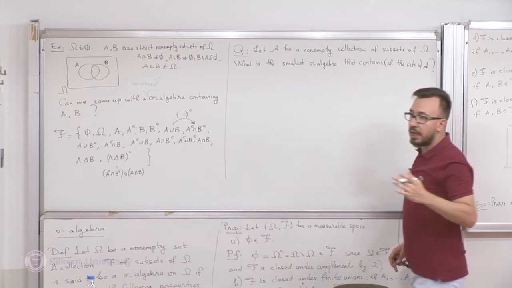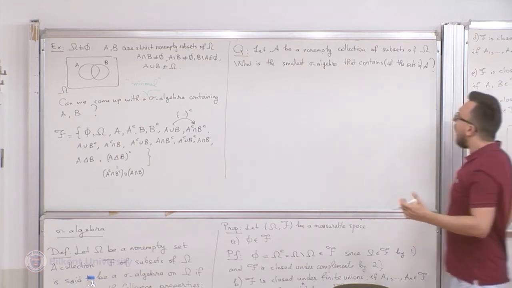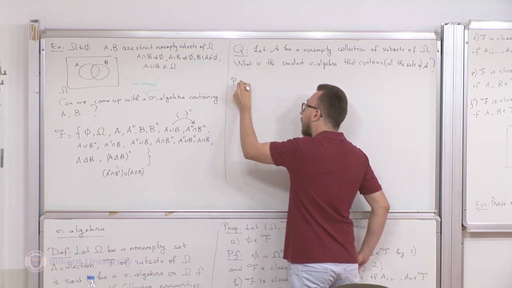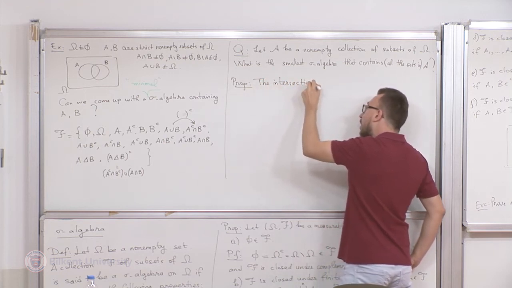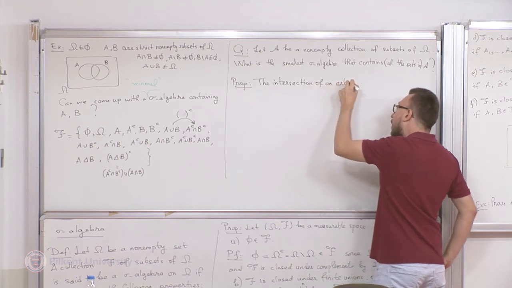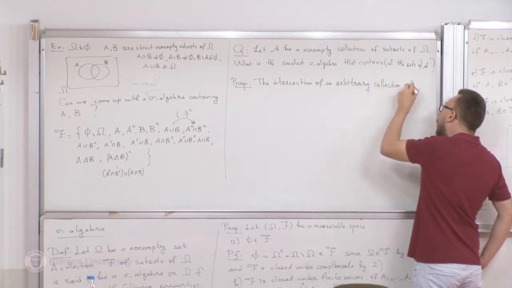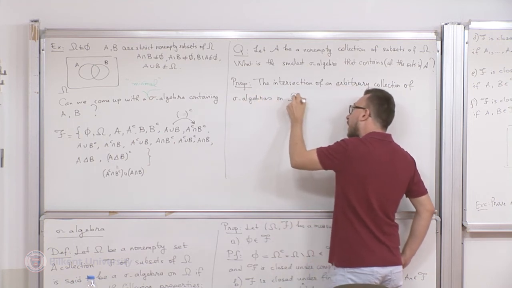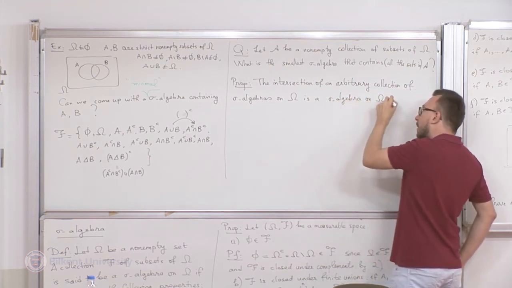Okay? First of all, does such a smallest sigma algebra exist? And the answer should be yes. And the answer will be provided by the following proposition. The intersection of an arbitrary collection of sigma algebras on omega is a sigma algebra on omega.